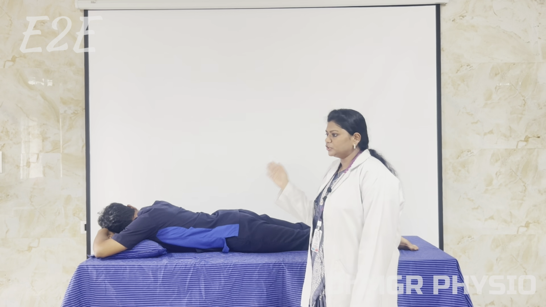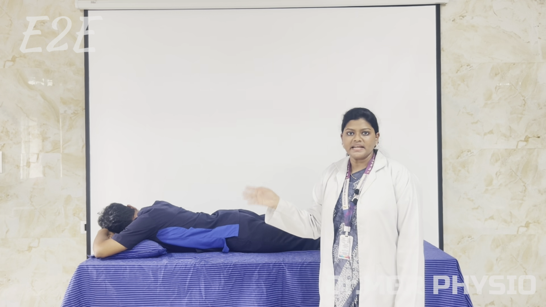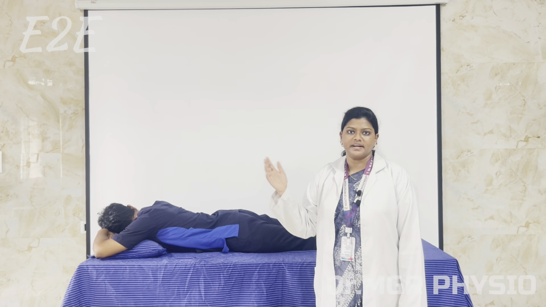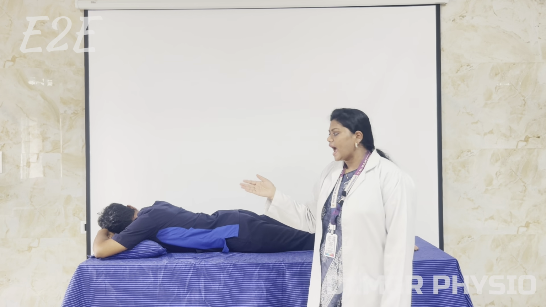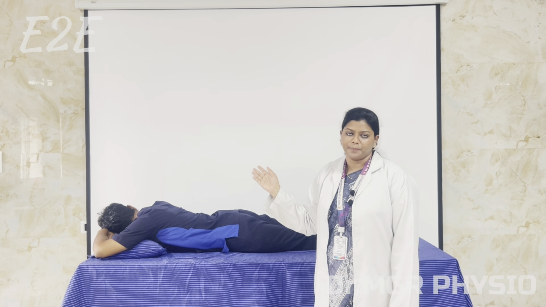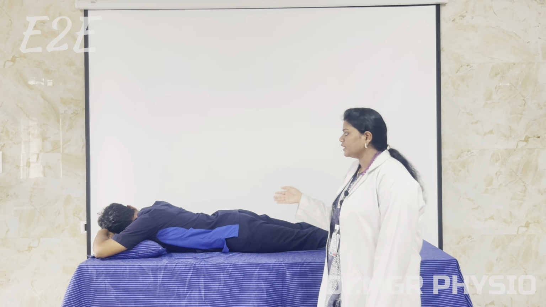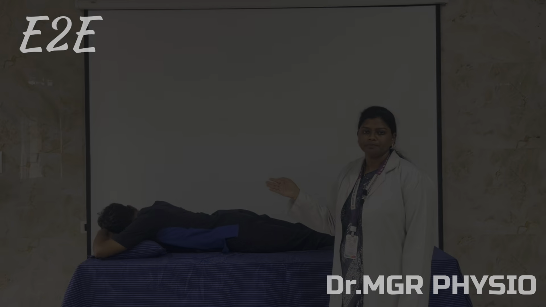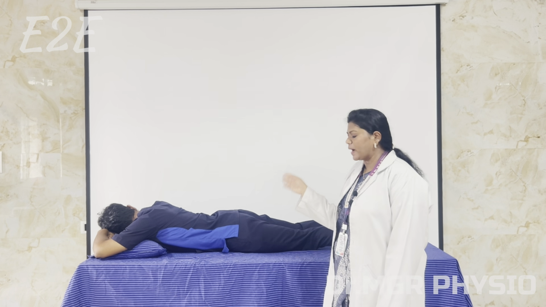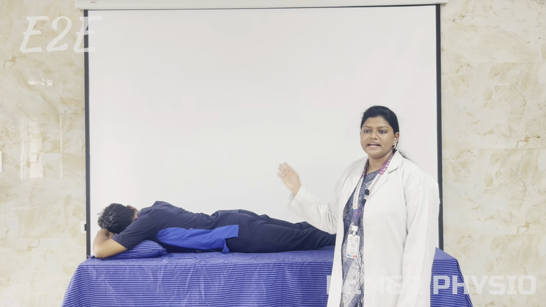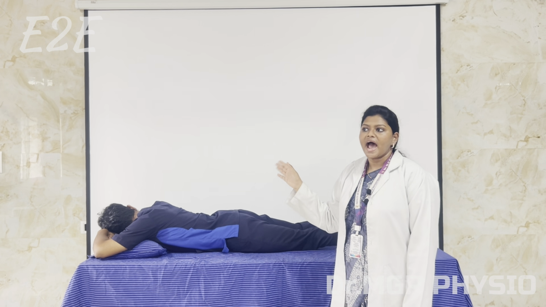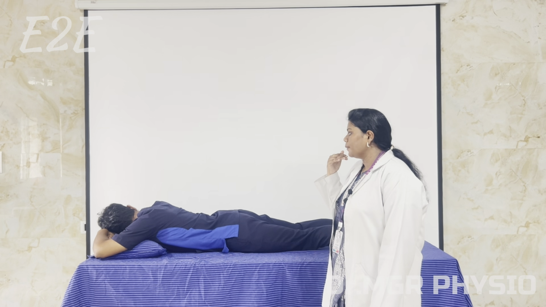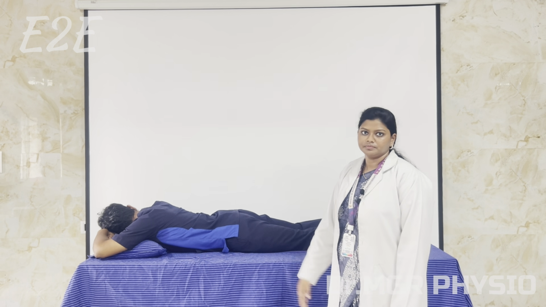This position cannot be maintained by people who have respiratory distress or by elderly people, and it cannot be maintained for a prolonged period. This position is mainly used to perform stretching over the spinal extensor muscles and neck extensor muscles, and it promotes relaxation and back massage can be performed.